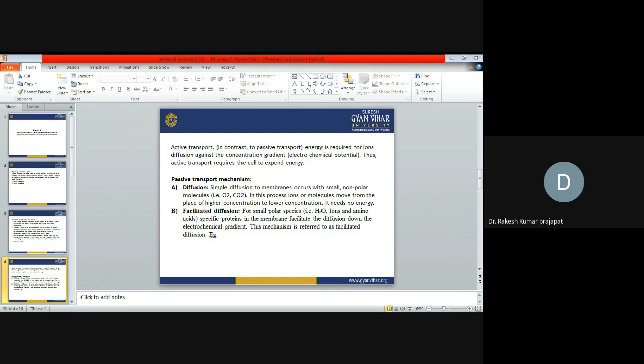It is important for respiration because in the glycolysis reaction there is a kinase enzyme, and for that, potassium is required as a cofactor.